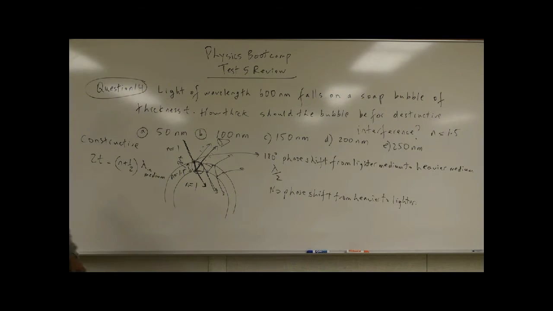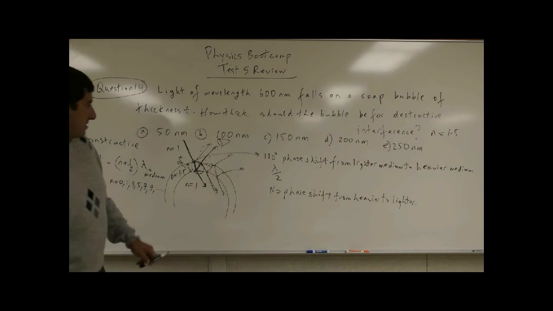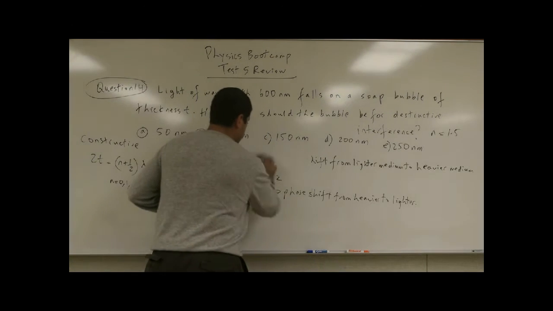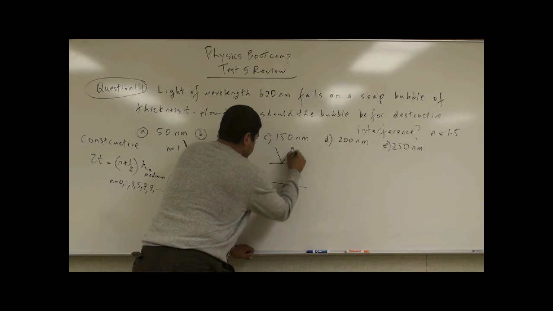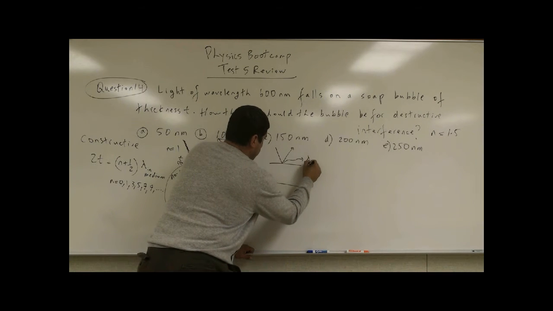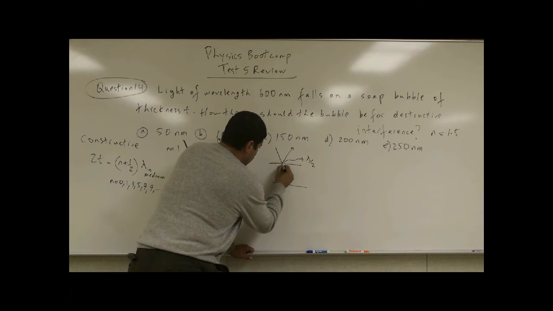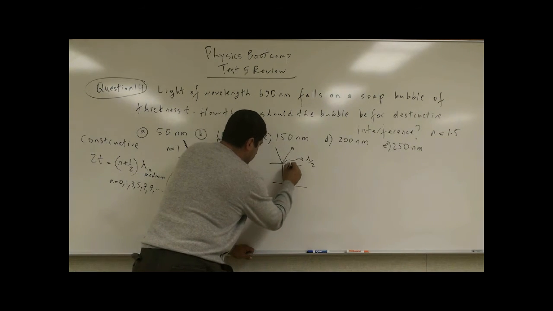Okay, so basically here is the argument. This one is going to be n equal to 0, 1, 2, 3, and so on. So if the extra path is experiencing half a wavelength, then you have an extra distance that this one is traveling.